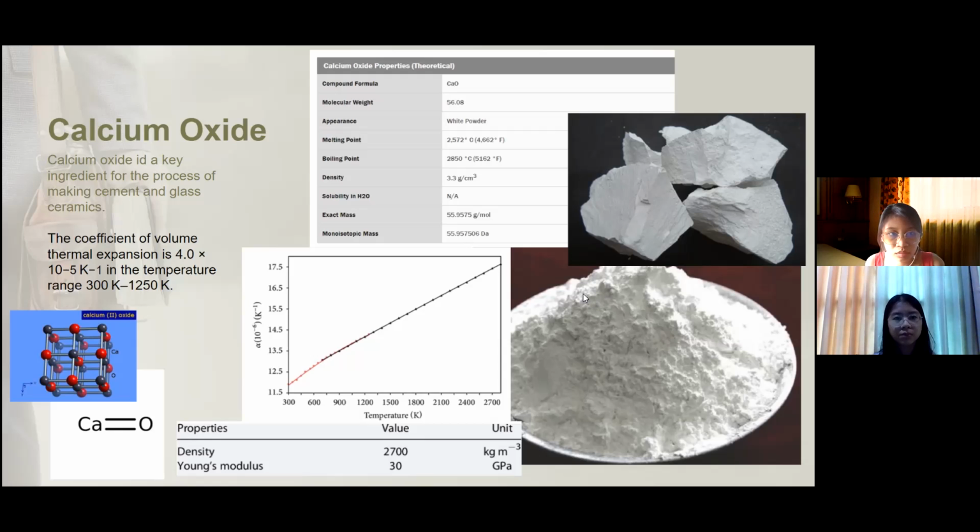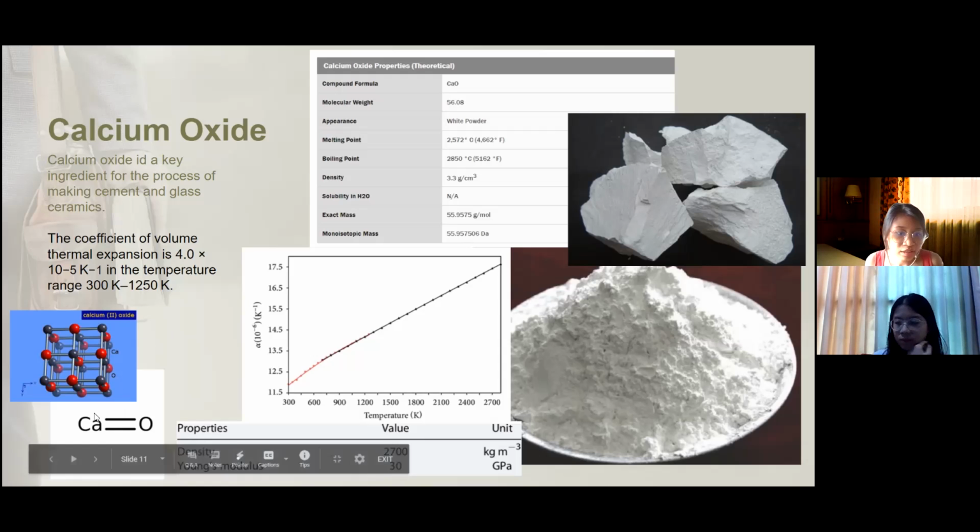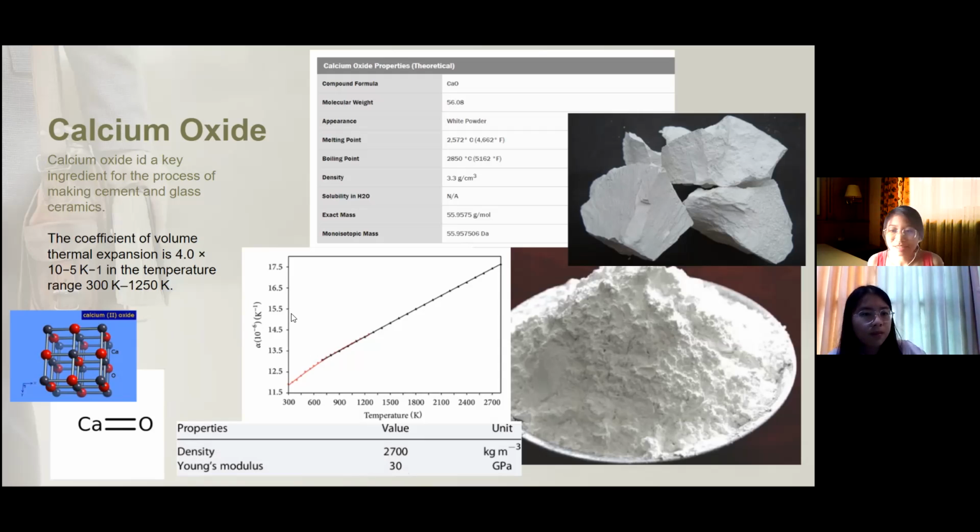So that's the difference between calcium oxide, which is ionic bond, and polymers, which is covalent. And the last thing is the structure of calcium oxide. It has a double bond, and that's what we want to share.